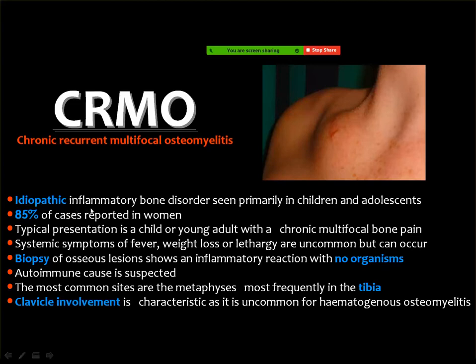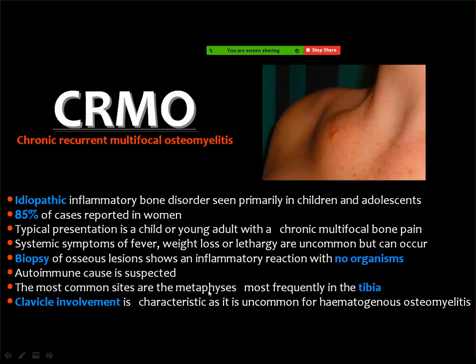It is an idiopathic inflammatory bone disorder seen in children and adolescents and is relatively common in females. One of the sites that are very well demonstrated in this disease is the clavicle. You get clavicle involvement, which is expanded, and sometimes you get a periosteal reaction, and hence you may think of this if you see the clavicle.